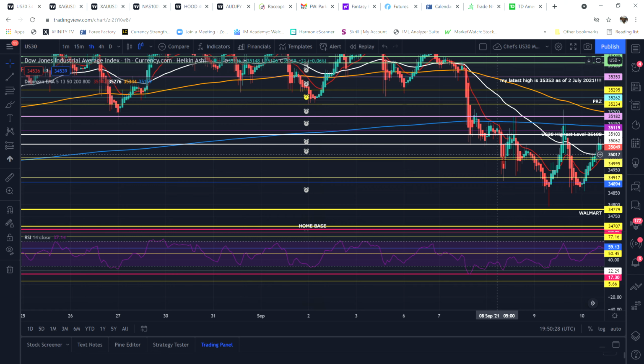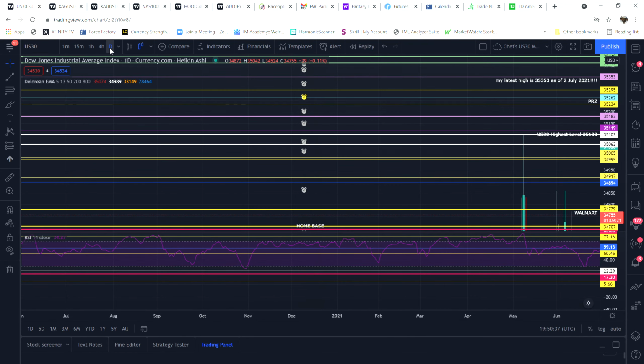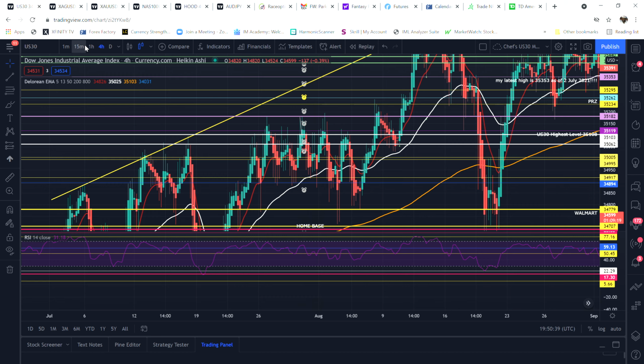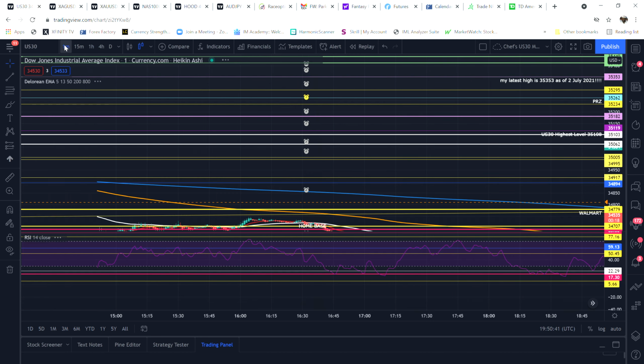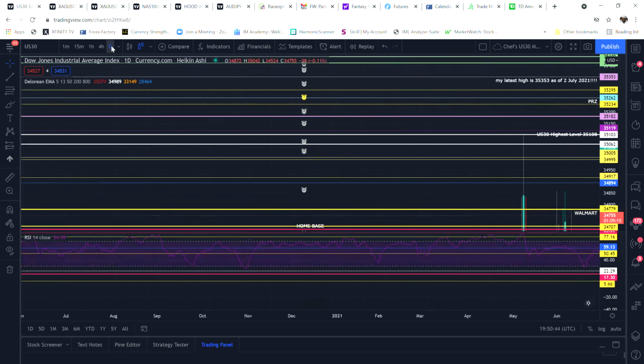Where should I mark support and resistance? Now, I taught a strategy about marking your support and resistance. I always say start with the day chart, then go 4 hour, 1 hour, 1 minute. So you're going to have to look at my D411 strategy for that. Support and resistance is marked based on how many times price action has hit the same area several times.